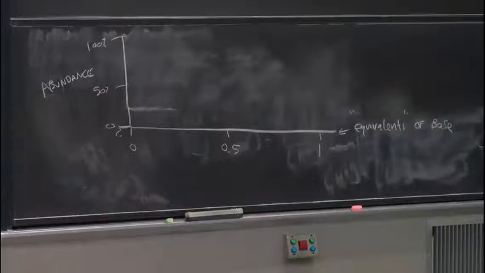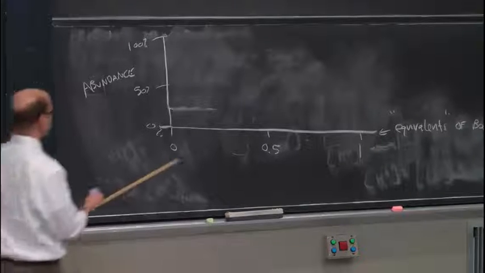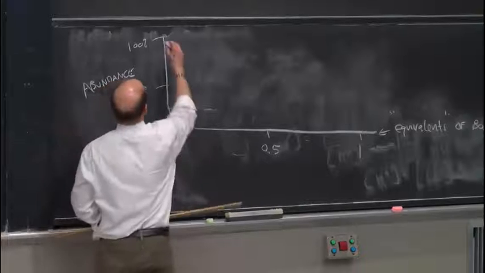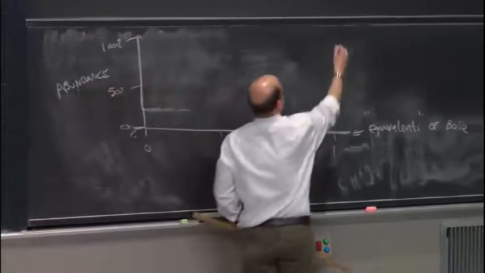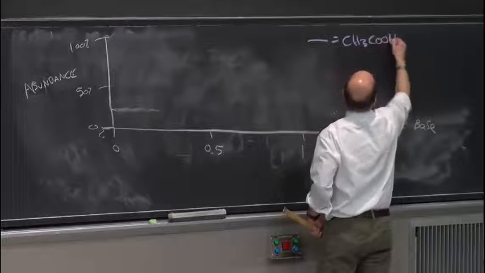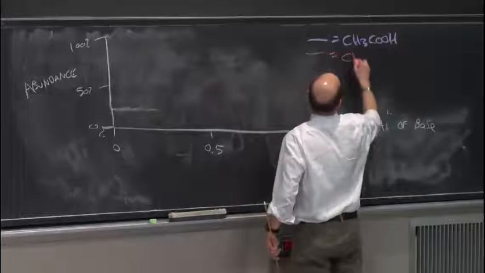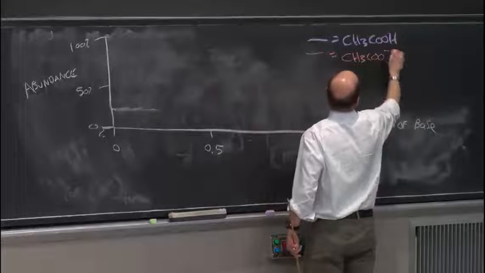I'm going to use two different colors here. Here's my red. You would agree that when I start, this purple color will be the undissociated acid, and this red color will be the base, the acetate anion.